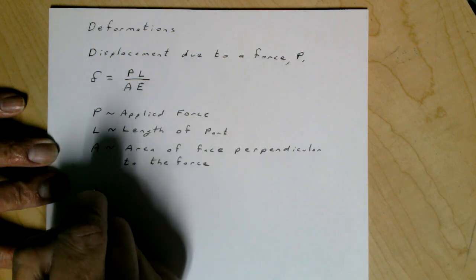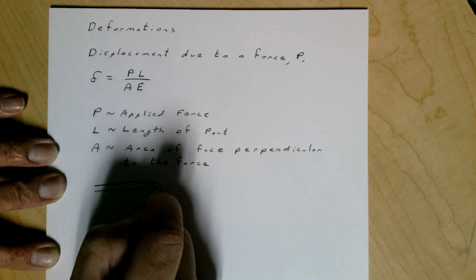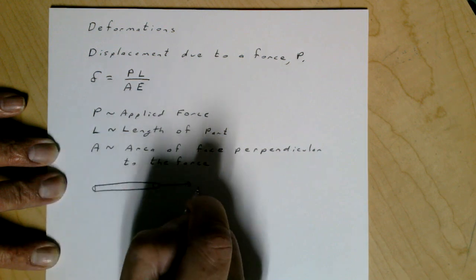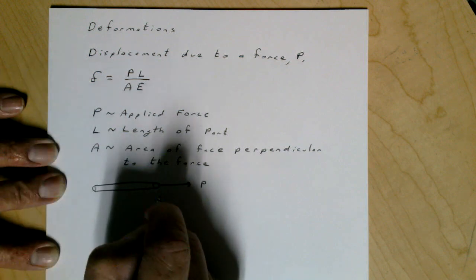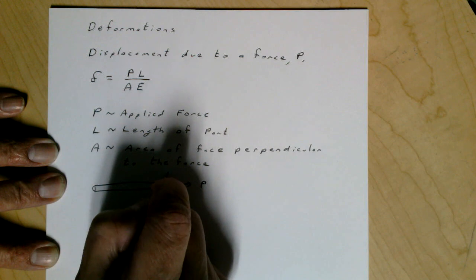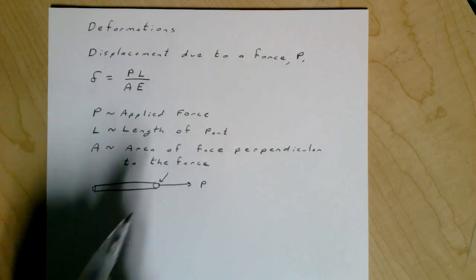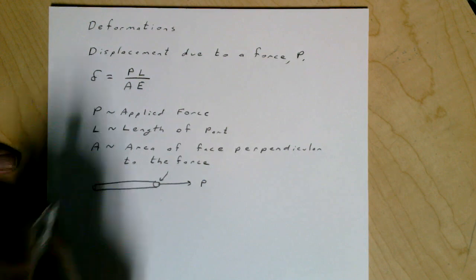For example, if you have a rod like this, and there's a force applied here, the area will be the area of that face right there. It could be a circle or a rectangle, but it's the area of the face that's perpendicular to the force.